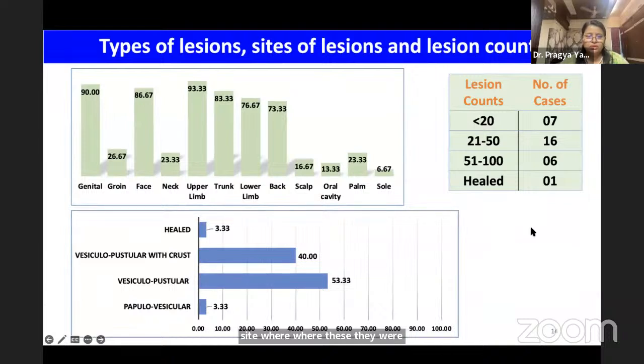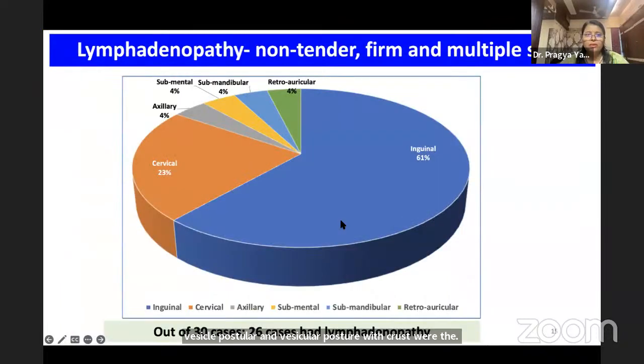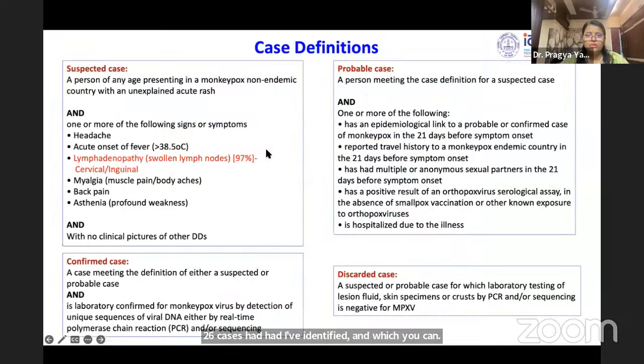Vesicular pustular lesions and vesicular pustular lesions with crust were reported in higher numbers. Lymphadenopathy was non-tender and at multiple sites; out of 30 cases, 26 had lymphadenopathy, and most of it presented in the inguinal area. So these are the symptoms and presentation. In the current scenario in the country, if cases are presenting, travel history is very important to understand, to relate to which country they are coming from.